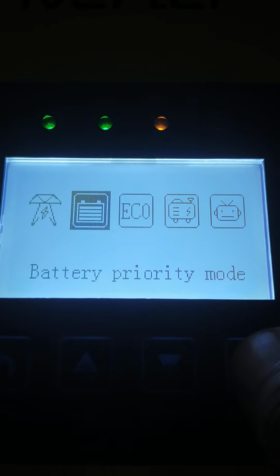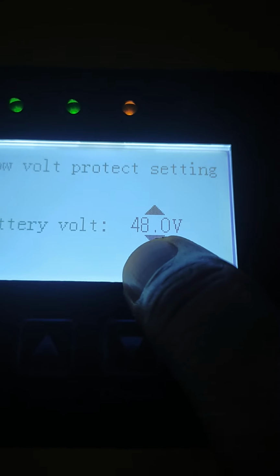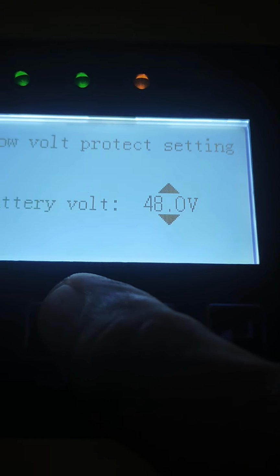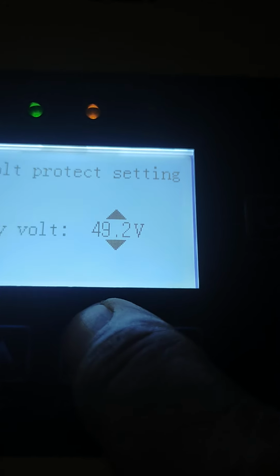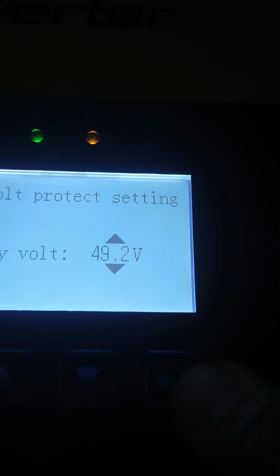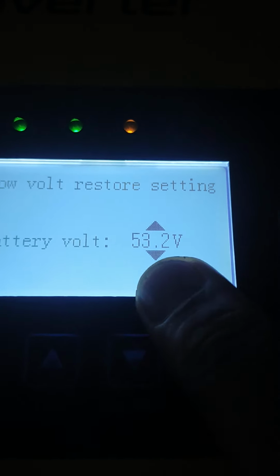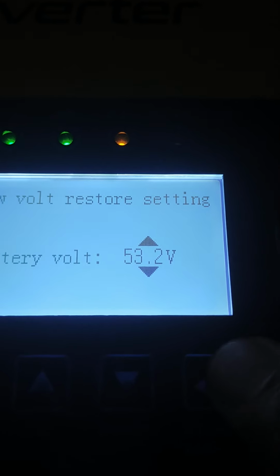Battery priority mode. Battery cutout is 49. Protect setting is 49.2. And then battery 53.2, restore setting 53.2.